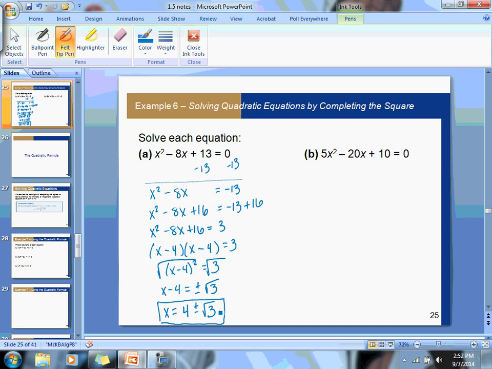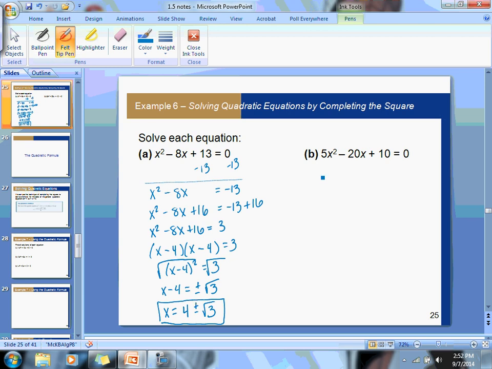But I think this is a little nicer, especially when you get down to these last couple of steps here. It's still very clean when you're dealing with the radical. You just get a square root of 3, and then you add the 4 over, and you're done. The quadratic formula is going to be a lot more messy when you're simplifying with that radical in there. But we'll deal with that in our next example.